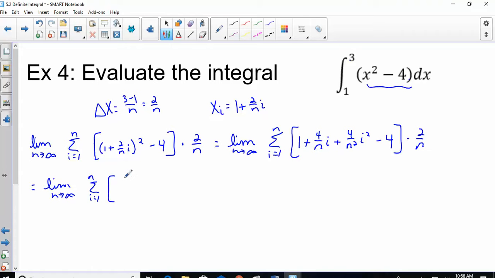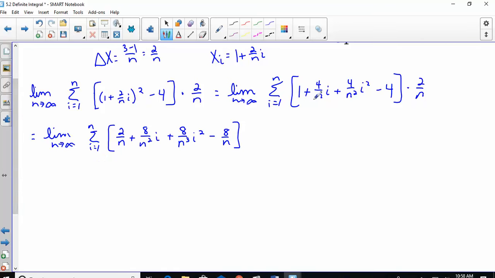So if we distribute the 2 over n, we get here. You could combine like terms, you could have done the 1 minus 4, we can do the 2n minus the 8n. That just might make our lives a tad easier.